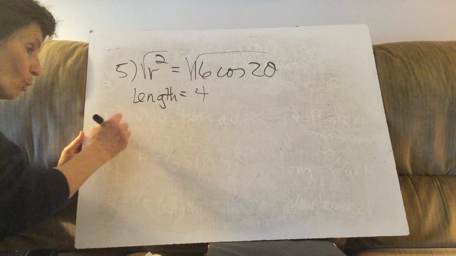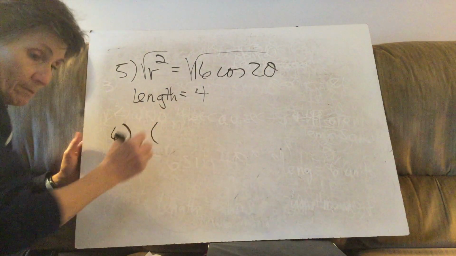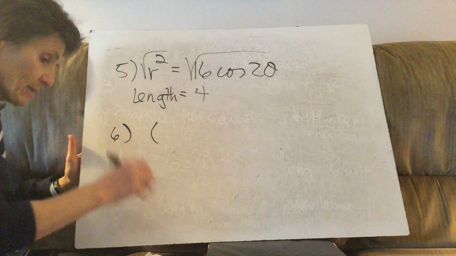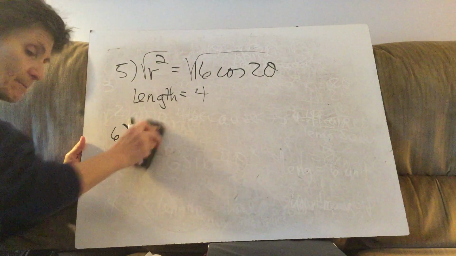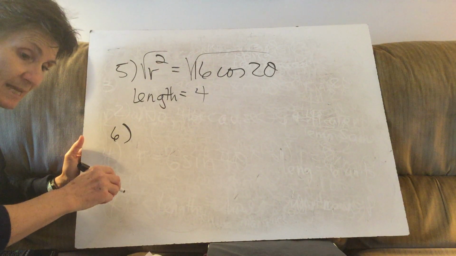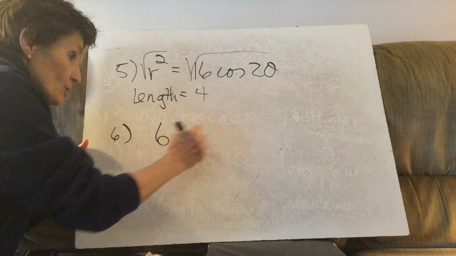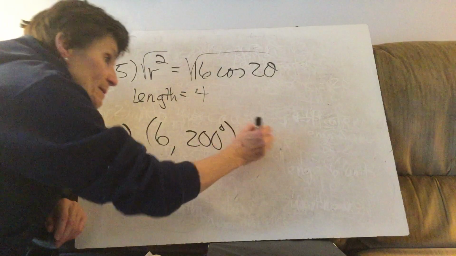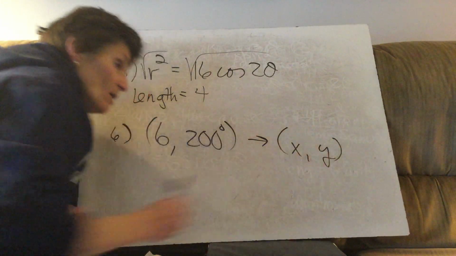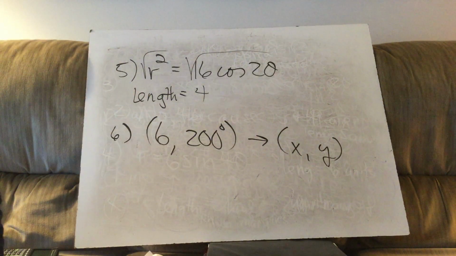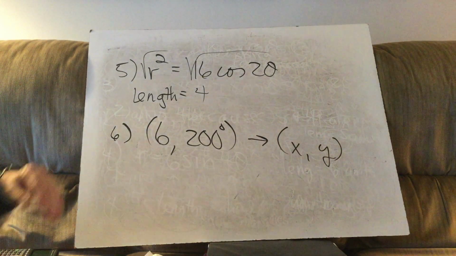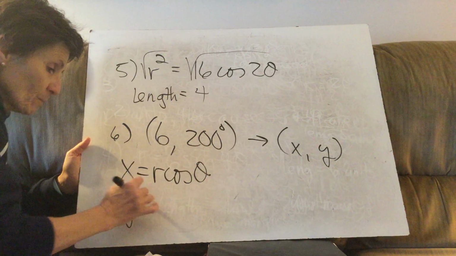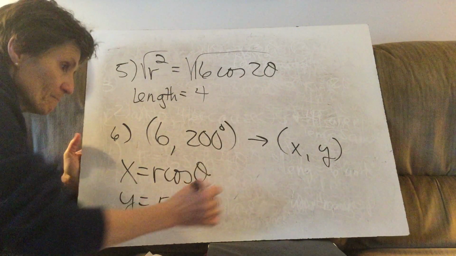Number 6, find polar coordinates for, no, that should say find rectangular. That says find rectangular coordinates. I'm looking at the wrong one. Find rectangular coordinates for (6, 200). That means I want to find x and y. And if you have learned nothing else, you know that x equals r cosine theta and y equals r sine theta.